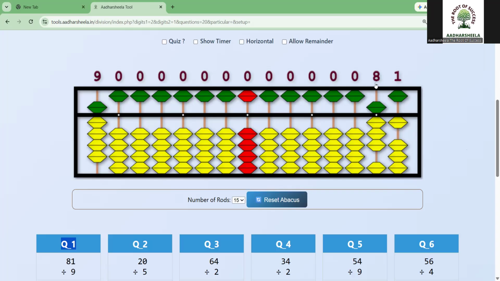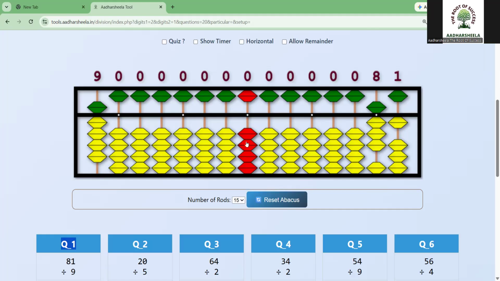In that case, we will take the double digit, ending at the ones place, as you can see, 81. So I will start writing the quotient on the ones place.